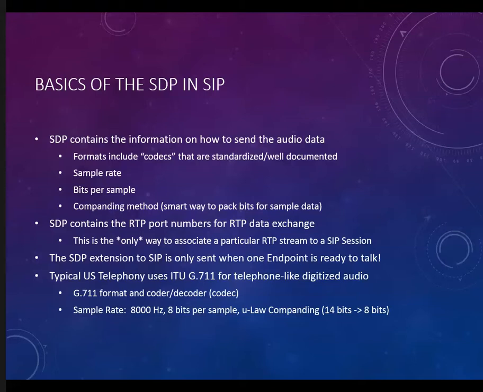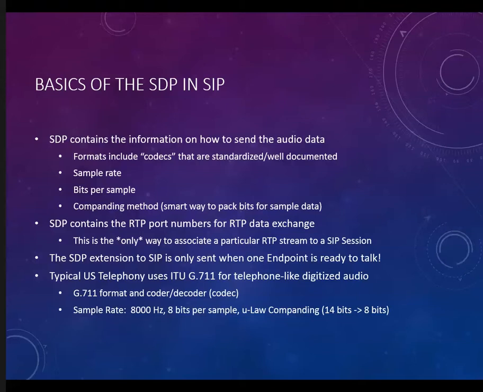The SDP also contains the real-time protocol port numbers for data exchange, and this is the only way to associate a particular RTP audio stream with a SIP session. That's kind of like the pivot number. So that's really important. SDP is only sent to SIP when an endpoint is ready to talk.